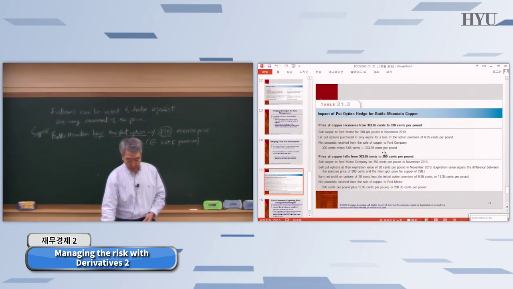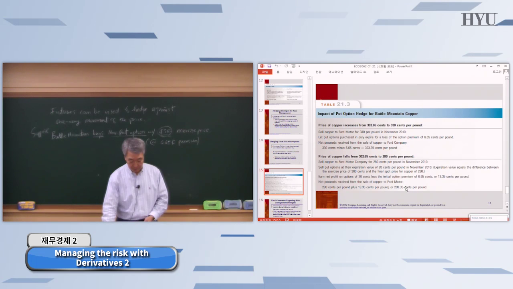In the case you let the option expire, not the profit but your revenue is 323.35 cents per pound, which is good because the price rose. The starting price was 302.65.